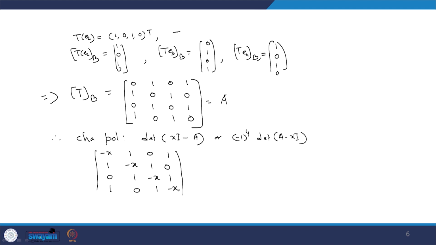So, determinant of this quantity, you can check, it will be x squared into x squared minus 4. So, this thing we can check.